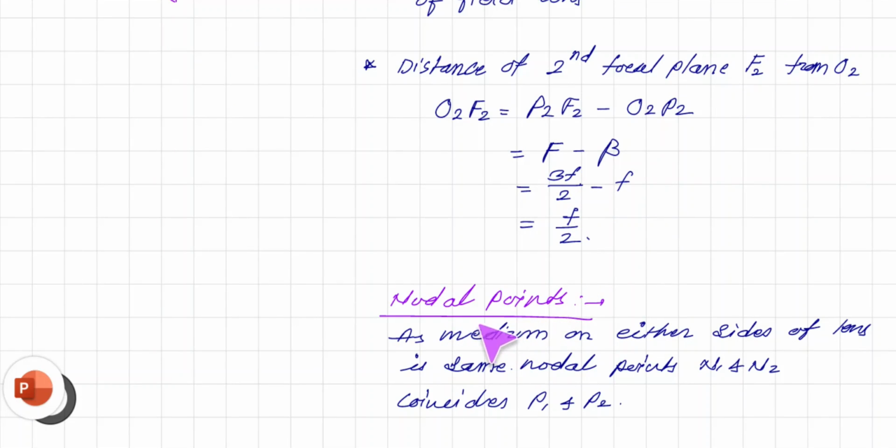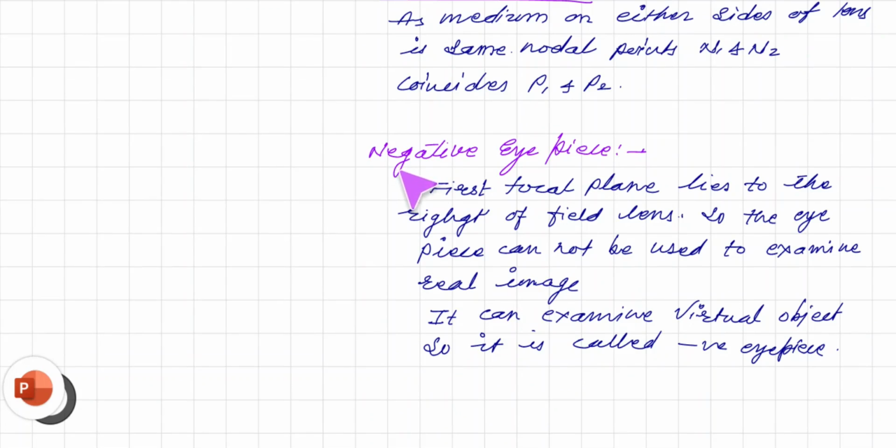Now the nodal points. As usual, as the medium on either side of the lens is the same, nodal points n1 and n2 coincide with p1 and p2. Now note that the Huygens eyepiece is a negative eyepiece. The reason is that this eyepiece is examining a virtual image. That is the important thing. The first focal plane lies to the right of the field lens, so the eyepiece cannot be used to examine a real image.